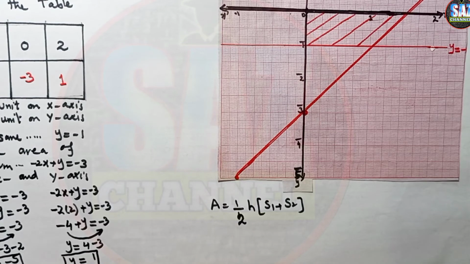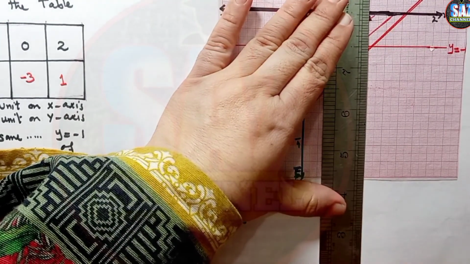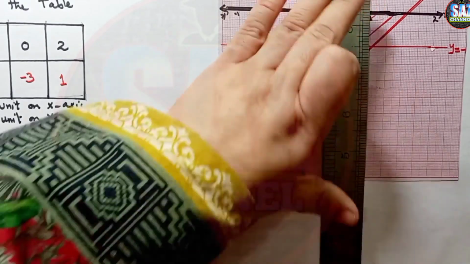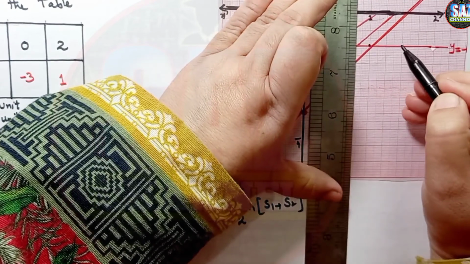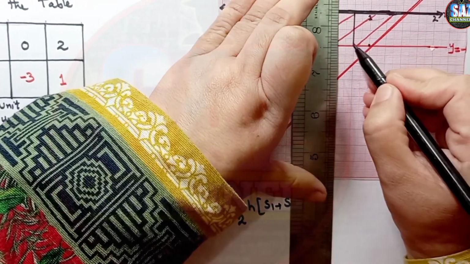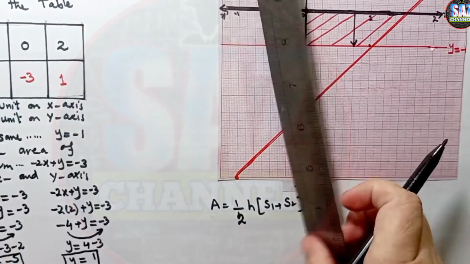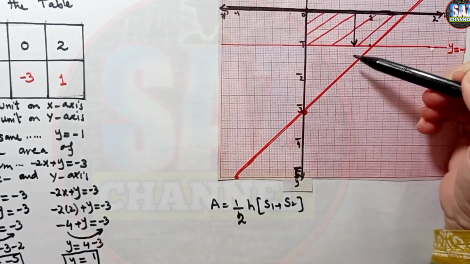Now if we look at this diagram, we can see that height is 1 unit. Let me draw the line from this point so that it should not mix. Okay, from 0 to 1, height is 1 unit.